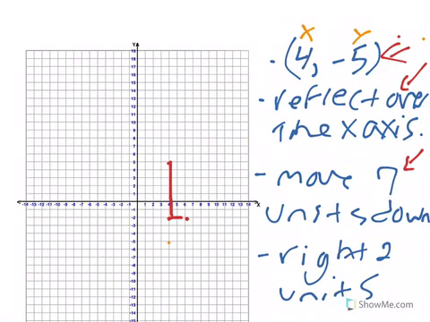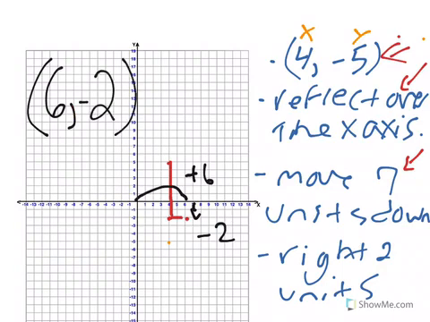And hopefully you see that now we're over 6 and down 2. So where did we end up? We ended up at the coordinate located at 6, -2.